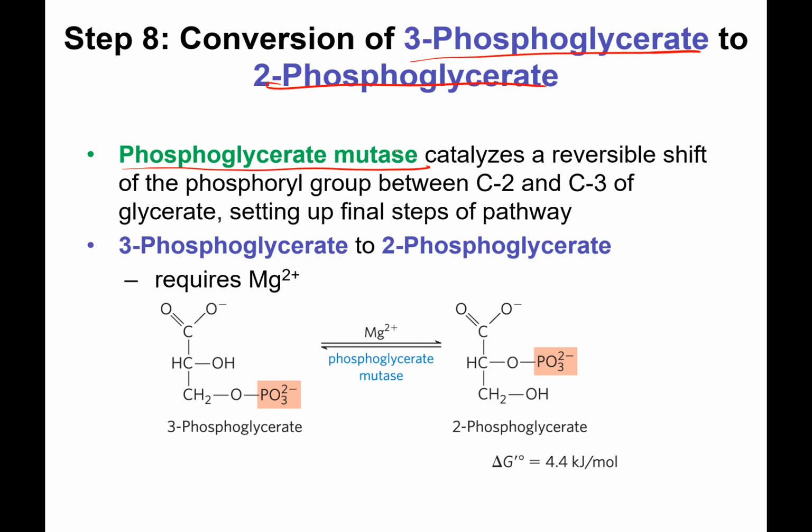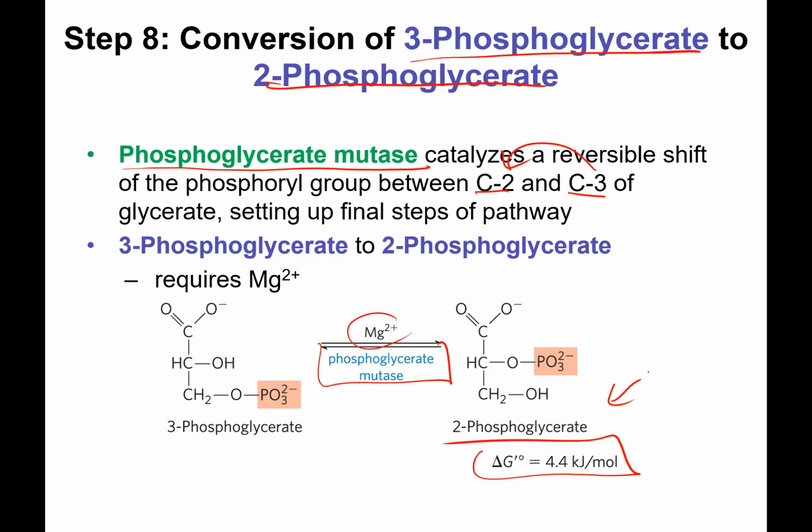This is a reversible reaction, and we're just moving the phosphoryl group from carbon 3 to carbon 2. I don't expect you to memorize where these positively charged ions are involved all the time, but notice they are quite frequent players. Reversible delta G. Now we have 2-phosphoglycerate.